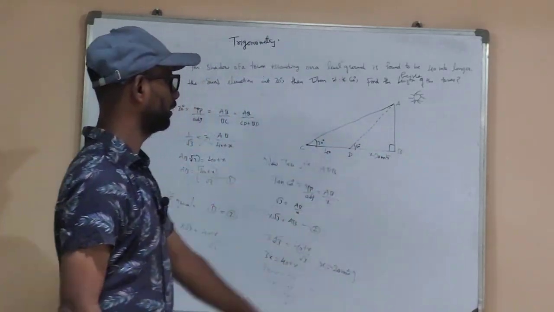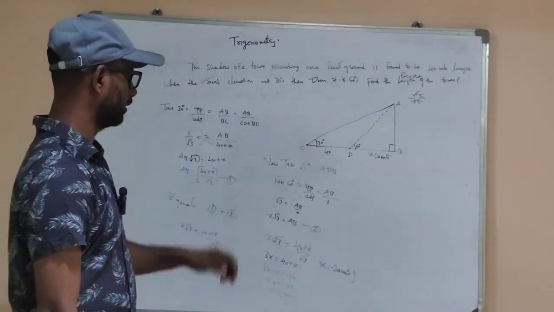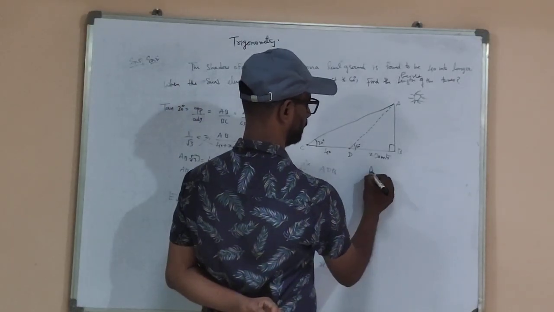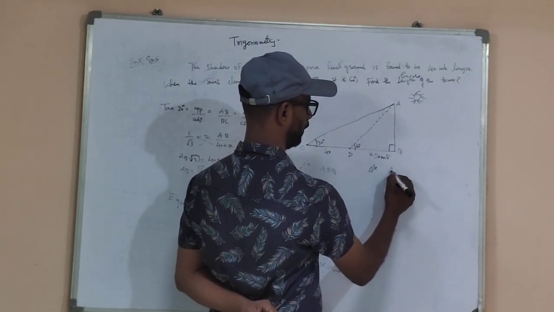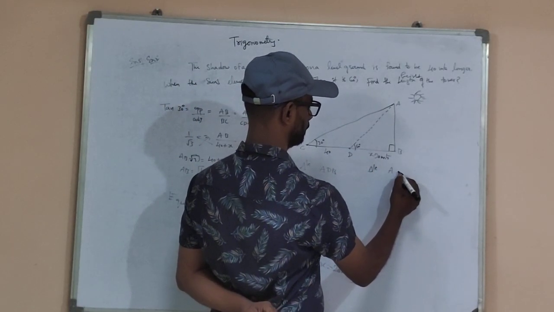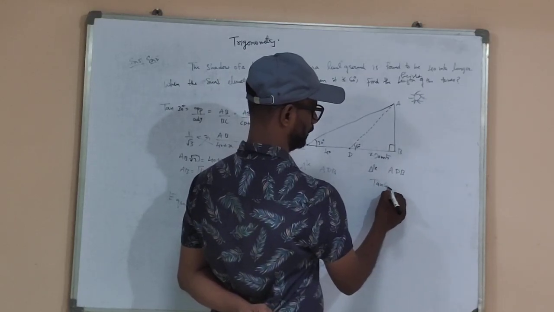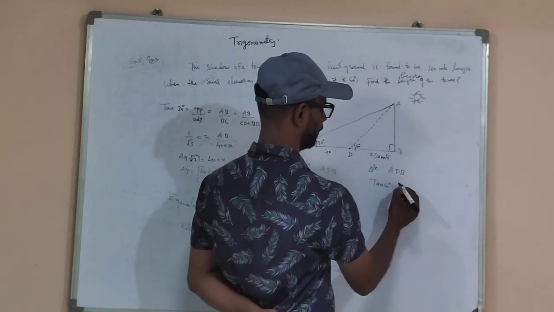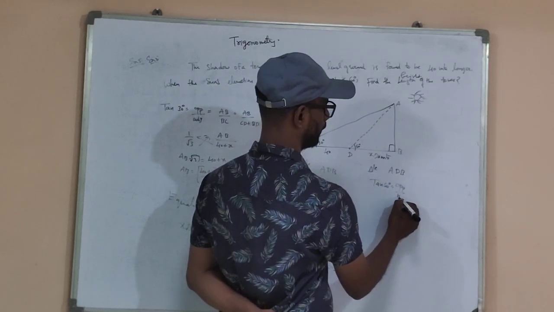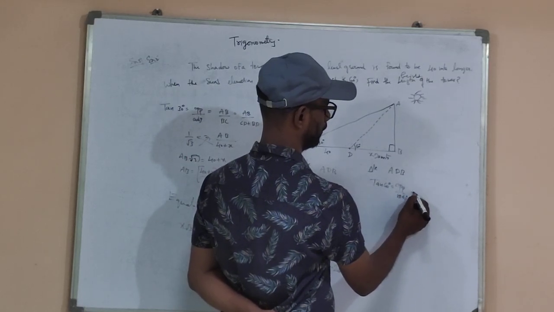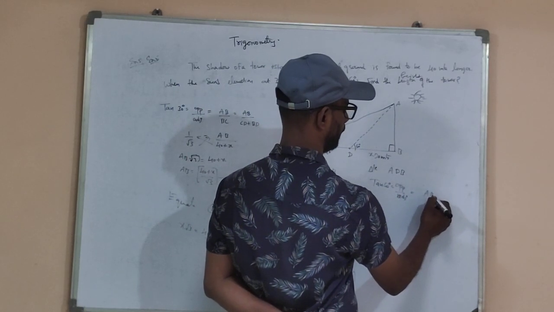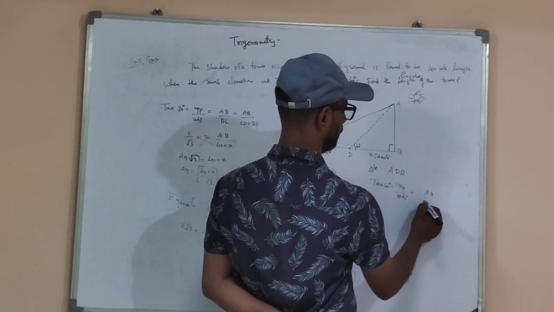Now we have to find the height of the tower. Again take triangle ADB. Tan 60 is equal to opposite by adjacent. Opposite is AB, adjacent is BD.